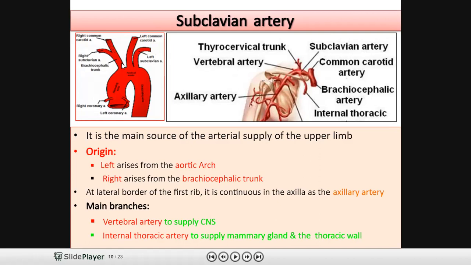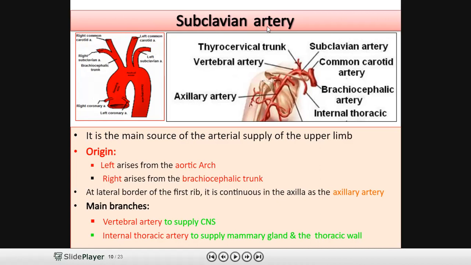So this brachiocephalic trunk does not only supply the brain, because the carotid is going to supply the brain, but it has another branch, which is the right subclavian artery, which is going to supply the arm or the upper limb. Okay. Then the left subclavian artery is also going to supply the upper limb, while the left common carotid is going to supply the brain, as we already said.